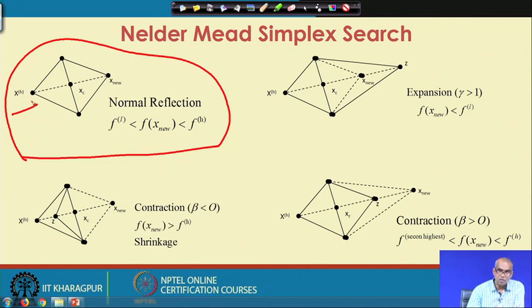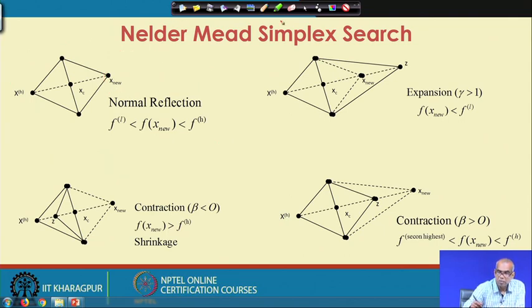That means, this is the worst point when I am minimizing the function. So, we need to reflect point x h through the centroid, and I get x nu as the new point. So, it has been regular reflection.